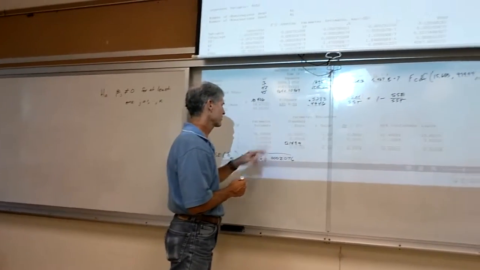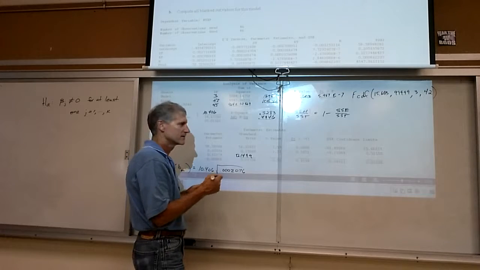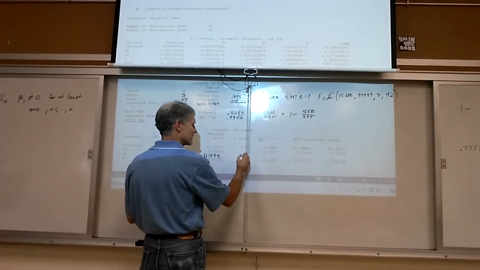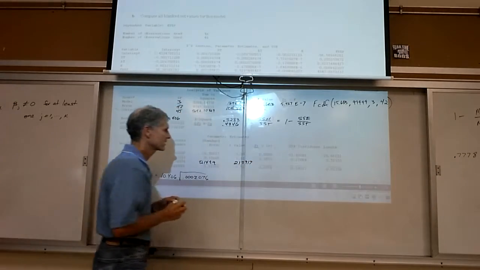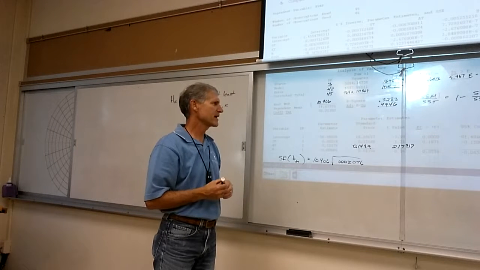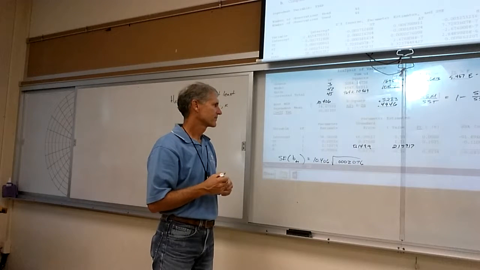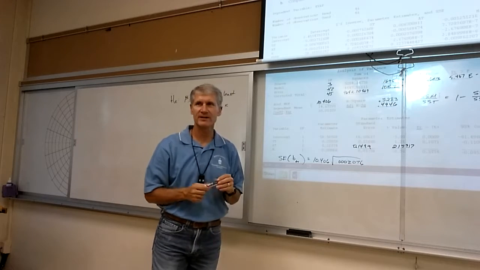And so 0.32 divided by 0.15 is going to be 2.15917. And that p-value is kind of interesting. That's going to be a borderline p-value, isn't it?